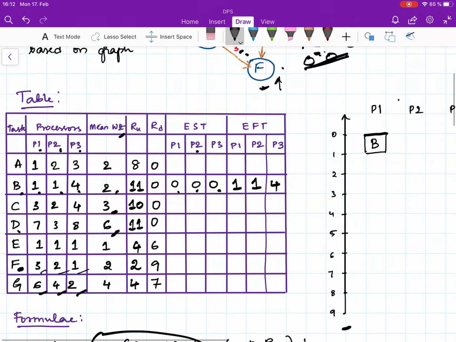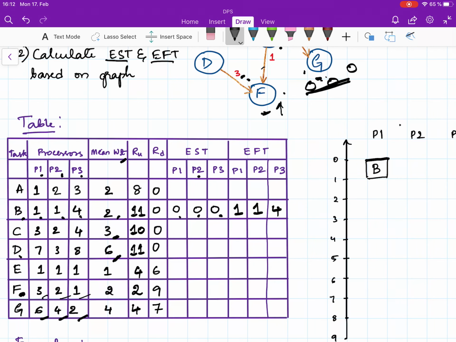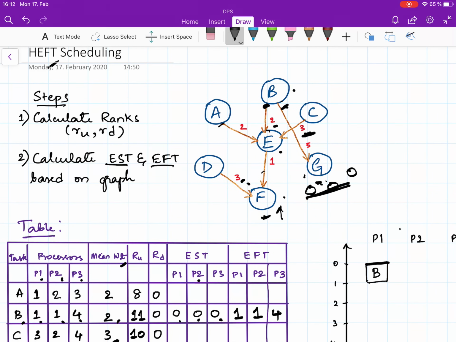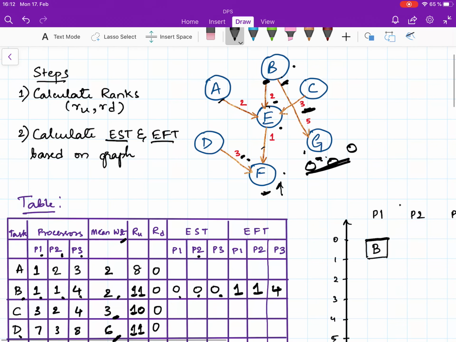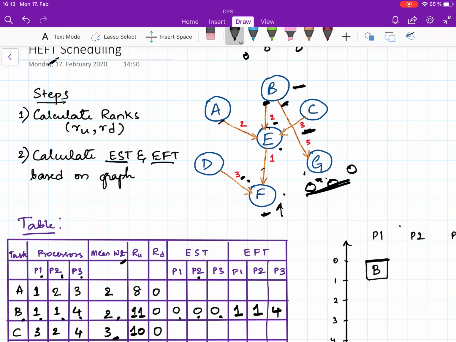And it's important to check that B and D, or the other tasks, do not depend on any other tasks. For example, here B has no other task above it, so it's independent. So you do not need to check these values, and the scheduling which you did was correct.